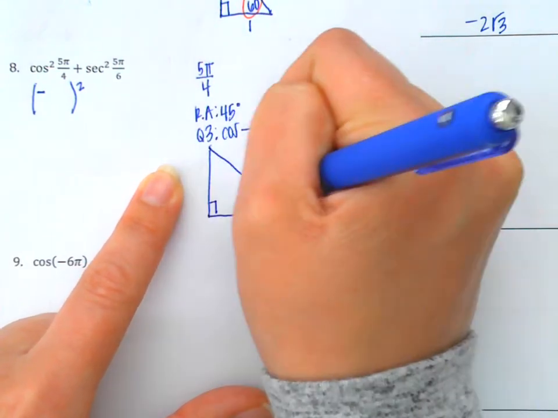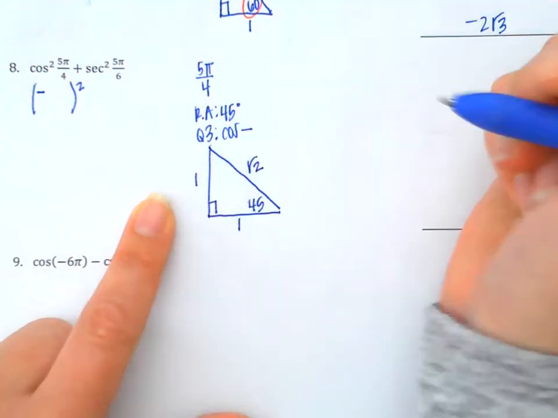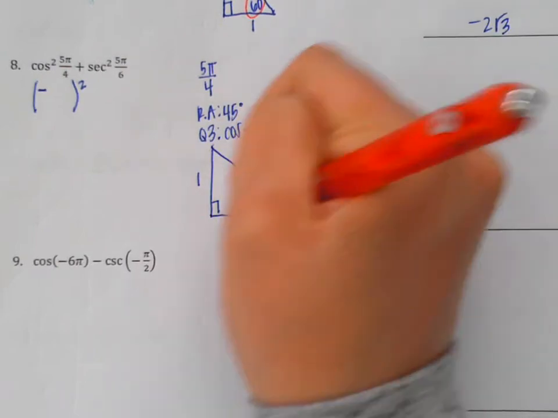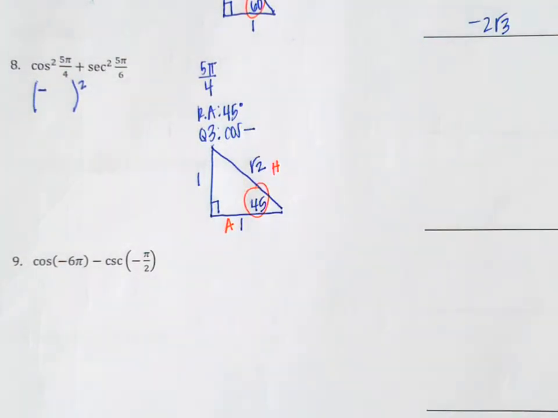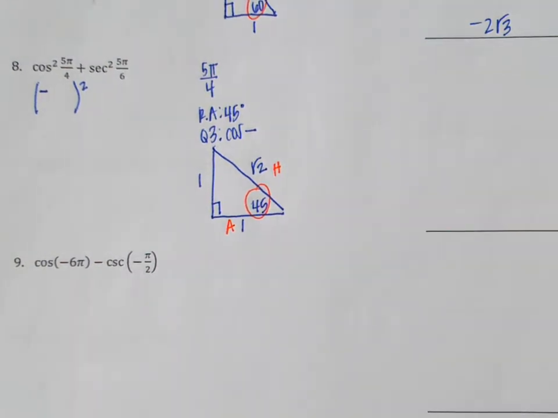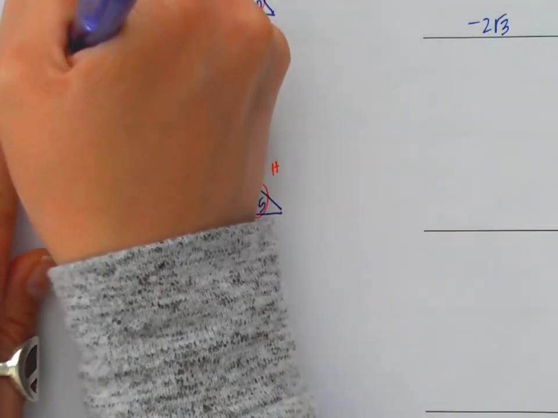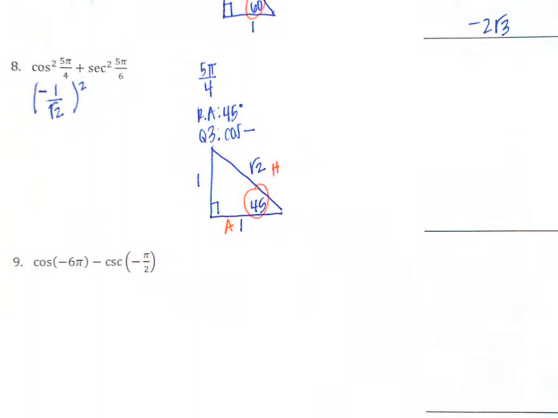And if you guys only want to draw one special right triangle and use that the whole time, great, do that. Okay, so cosine is adjacent over hypotenuse. Now, typically I would say rationalize the denominator, but because we're going to ultimately square it, I'm not going to. So negative 1 over rad 2, we don't have to rationalize the denominator when we're going to square it.